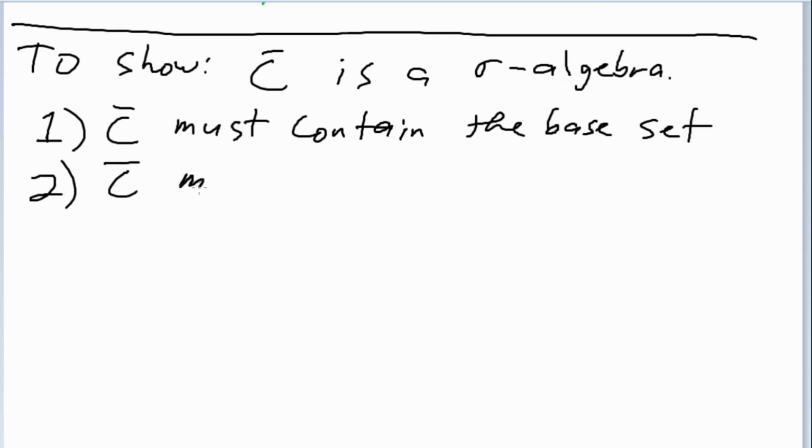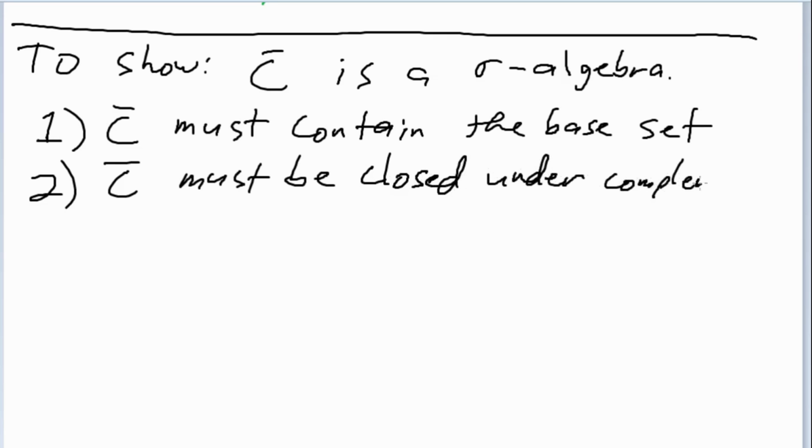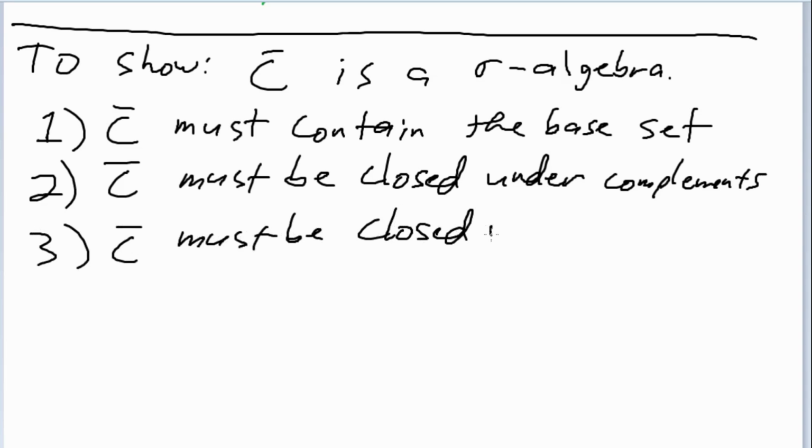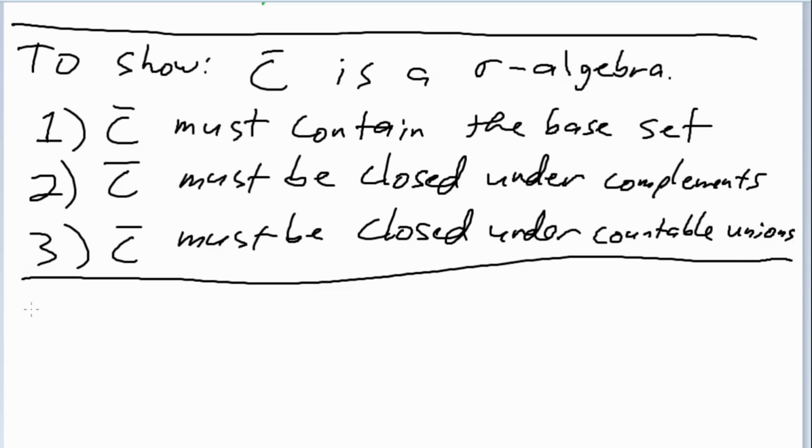C bar must be closed under complements, and C bar must be closed under countable unions. So let's just show these three points and we'll be done. So we'll start with number 1.